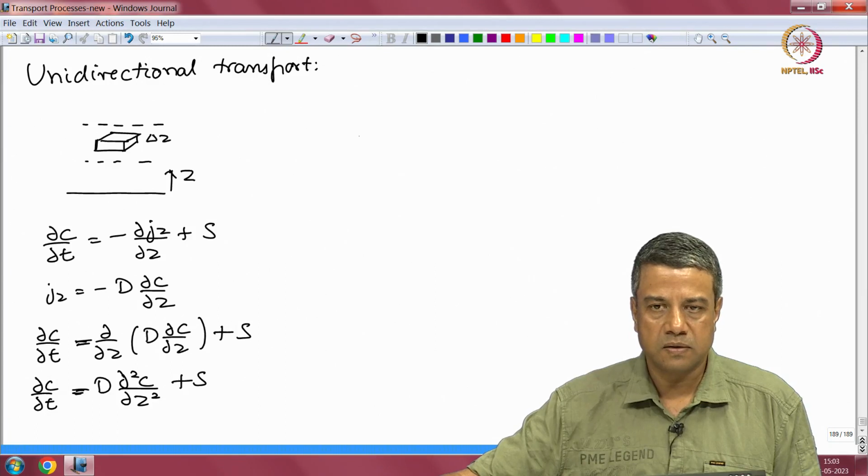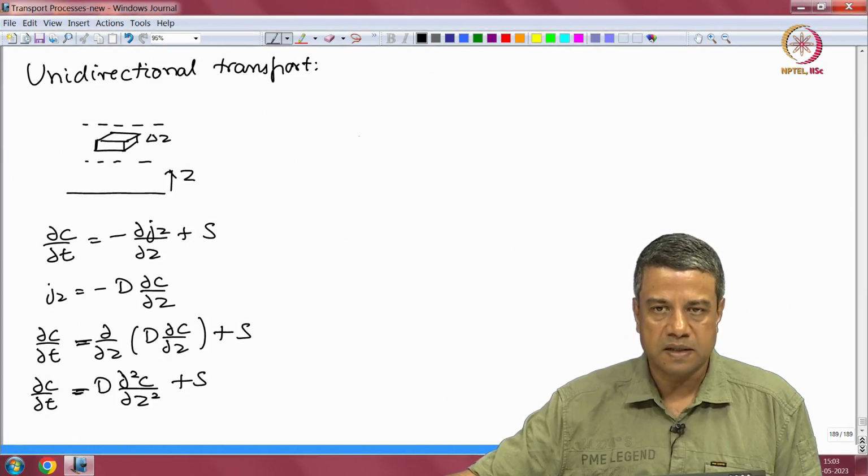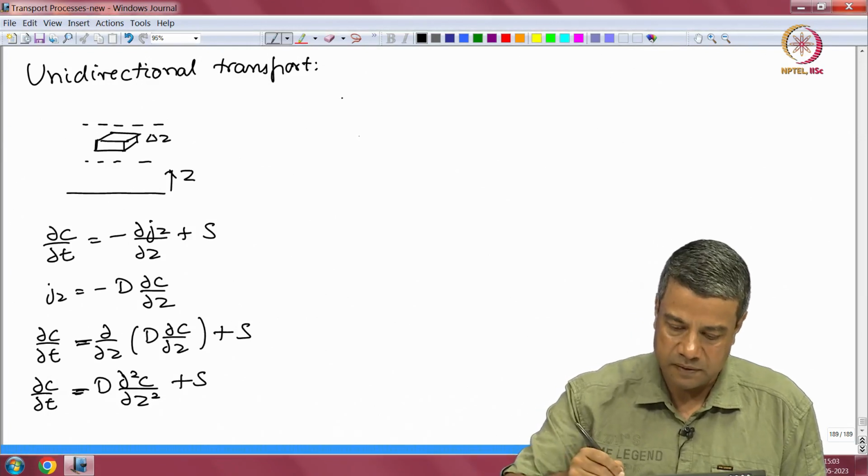Curvilinear coordinates are used when you have objects with cylindrical symmetry, for example.